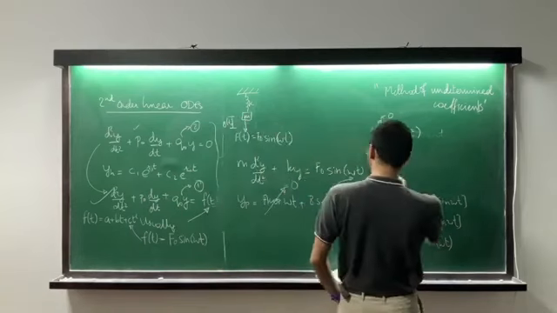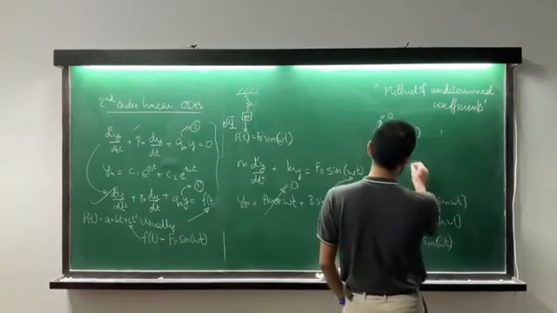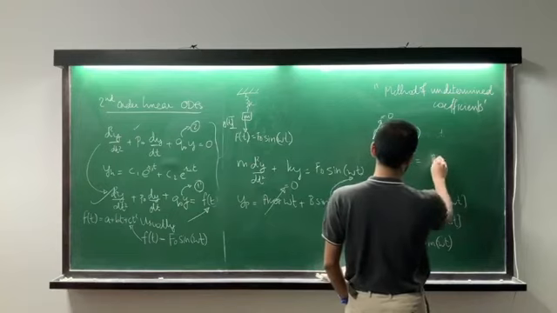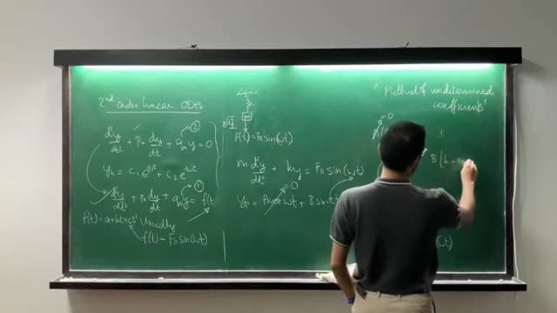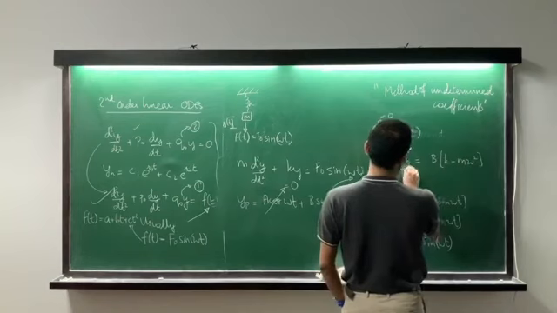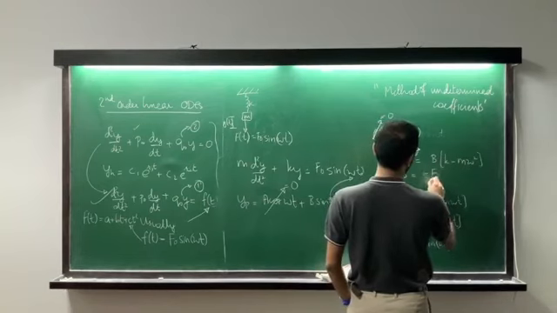And the second, if you compare the sine coefficient, then you will get f0 is equal to b times k minus m omega square, and you will get b is equal to f0 by m omega square minus k.